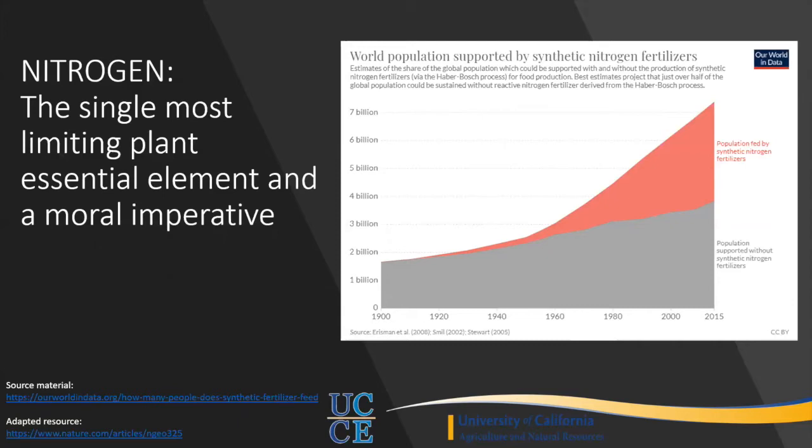The gray shaded area of the graph is a projection of what percent of our population on Earth today is fed by agricultural production not supported by the synthetic fertilizers that the Haber-Bosch process brought about. The red shaded area shows us where we are today and estimates how much of the world is fed just by the invention of that fertilizer process. It looks to be about half.